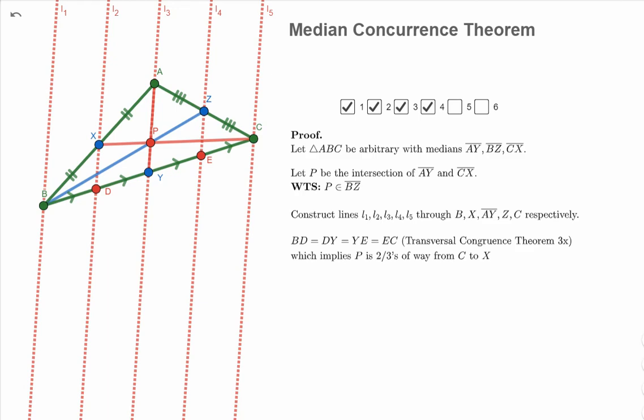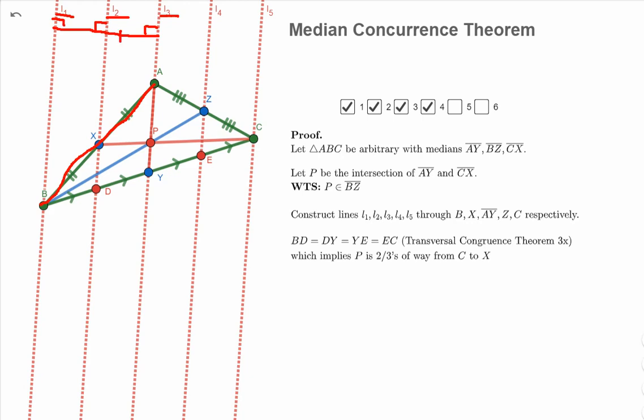Okay. So first things first, I have a transversal. The side of the triangle AB is a transversal that cuts L1, L2, and L3. And it cuts it in such a way, the way we've drawn it, right? These parallel lines go through the midpoint X of AB, and they go through A and B. So I know that the distance between these parallel lines, like if I draw the perpendicular, right?